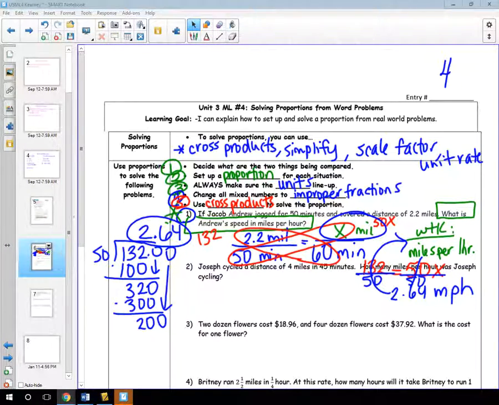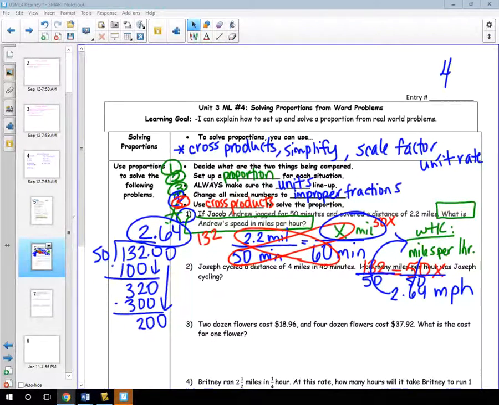I set up 2 ratios to compare. I made sure my units were lined up, with miles and miles, minutes and minutes. I made sure that I didn't have any mixed numbers, and would have changed those to improper fractions, which I didn't. And then the final thing was I used cross multiplication to solve. So I set those 2 cross products equal to each other and I divided to solve.